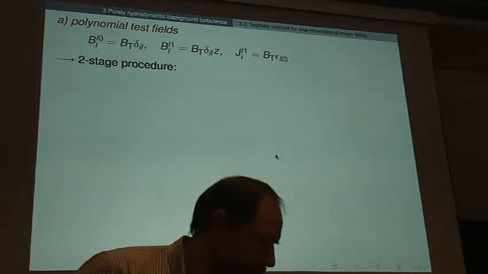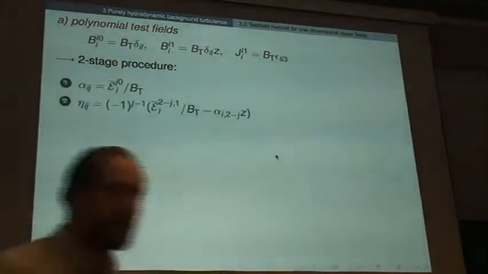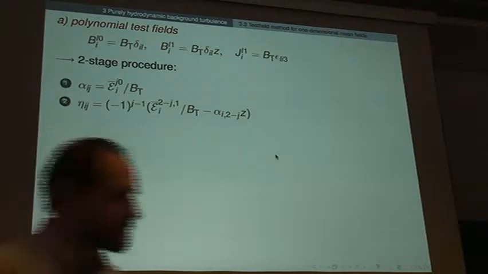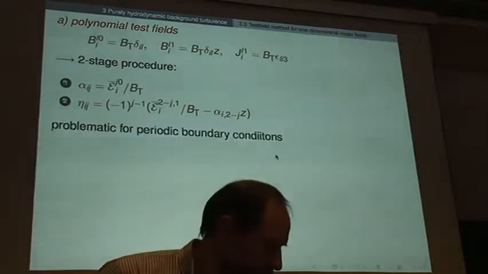And in this case, we can have a 2-stage procedure. First, calculate alpha by this rule, and if you're fine with that, you may stop, if you're not interested in anything more. But if you want to know the eta components, then you may proceed using this result, which you already know, and with this explicit formula you will then get the diffusivity tensor components.